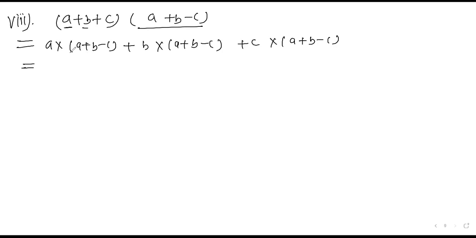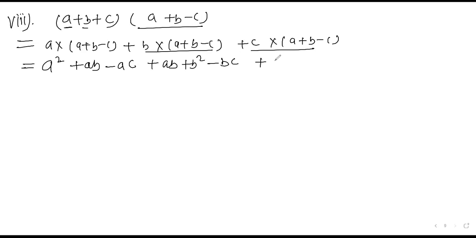Now a is multiplied throughout the brackets, that will give you a square plus ab minus ac, and b is multiplied with the whole bracket, so ab plus b square minus bc, and c is multiplied with the whole bracket, so ca plus cb minus c square.